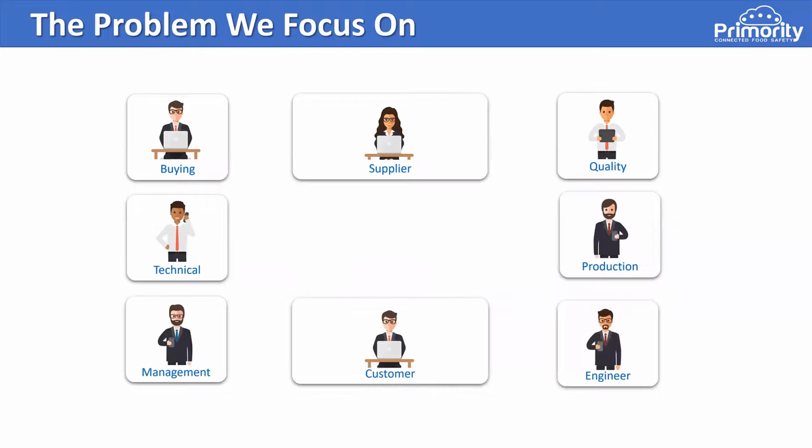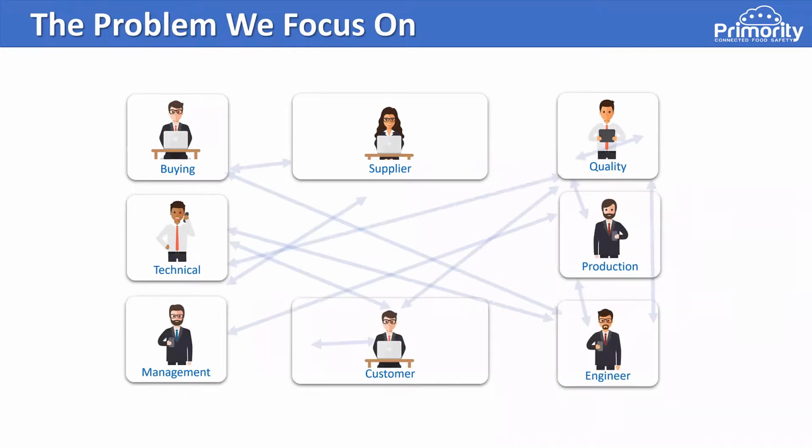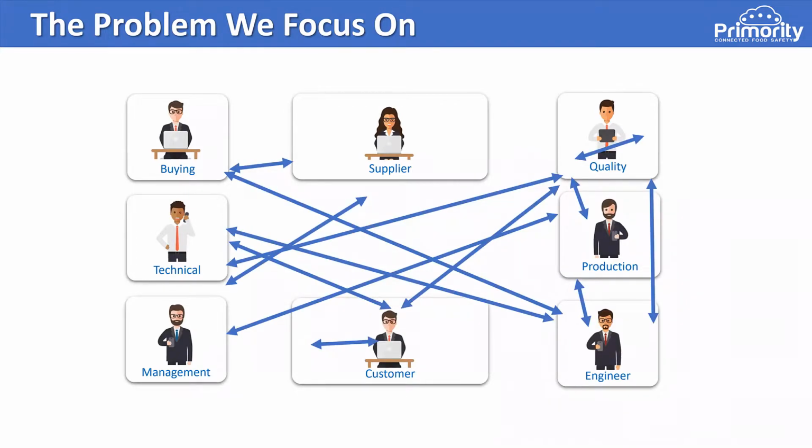In terms of our focus, and this will be a familiar story to many of you, I'm sure, the big problem in the food industry is that you've got lots of different departments in a food company, with different responsibilities and different goals. Production's goal is to get product out the door. Quality's work is to make sure it's legal and safe.